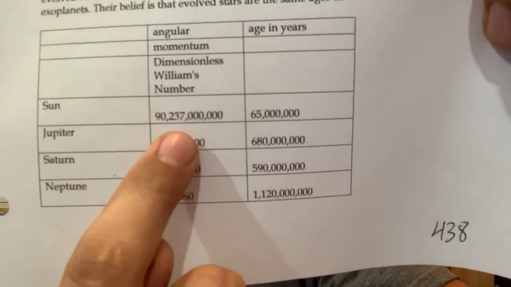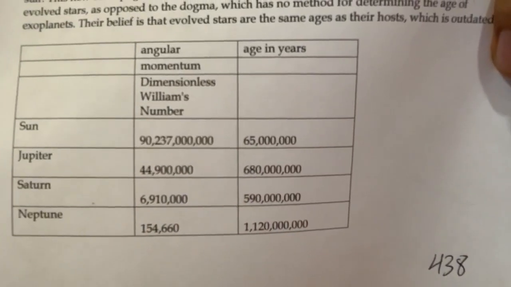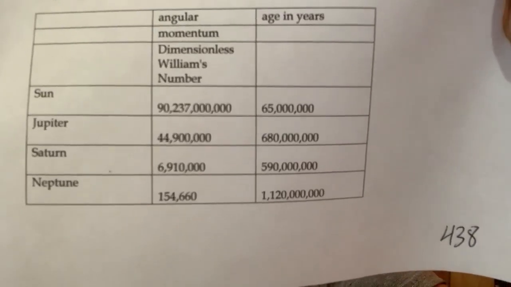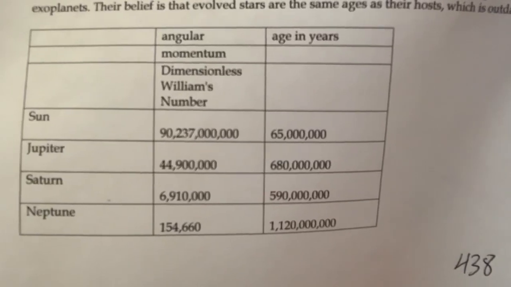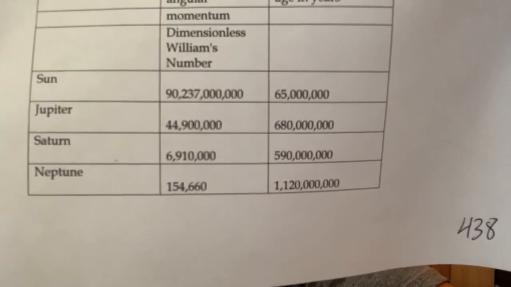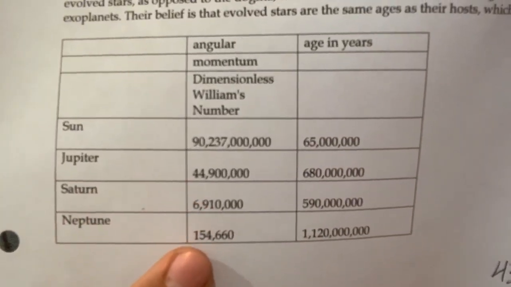The Sun is right there, and now the age is up for grabs for the Sun. I'm not too sure where it sits. Jupiter is more accurate, about 680 million years old. Saturn about 590 million. Neptune 1.12 billion years old. And as you can see here, that dimensionless number shrinks considerably as the star evolves.